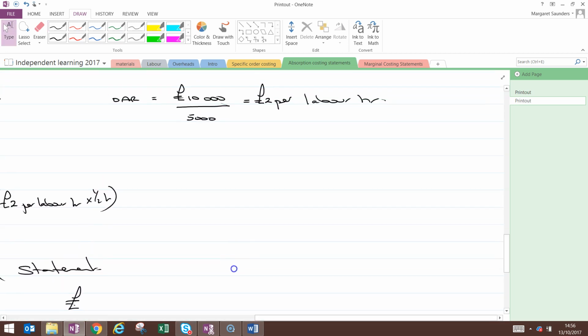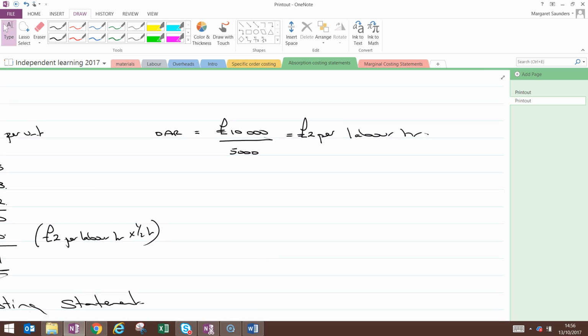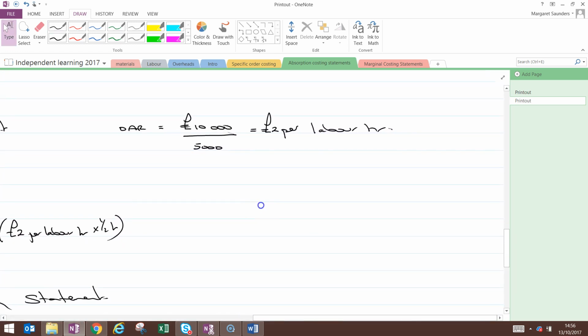So we know that our overhead absorption rate is £2 per labour hour. To work out the overhead absorbed, we multiply the overhead absorption rate by the actual activity. So £2 per labour hour times the actual labour hours worked.